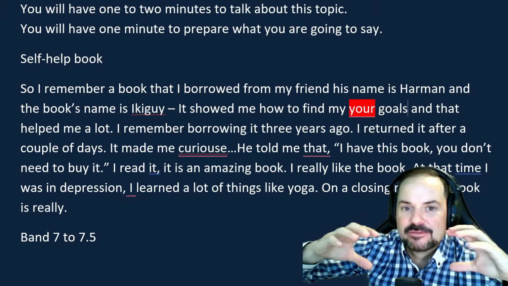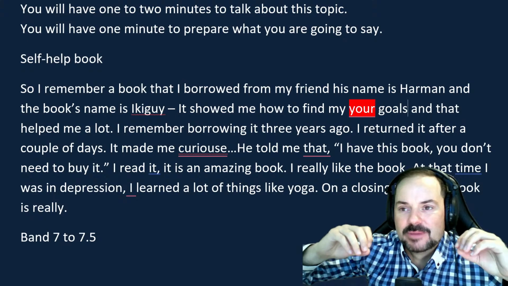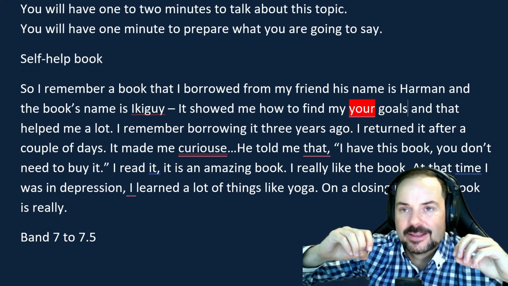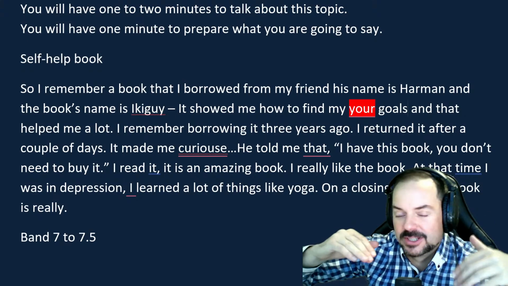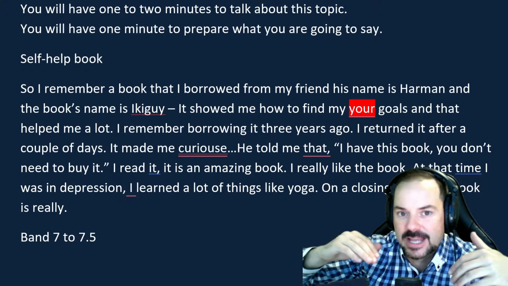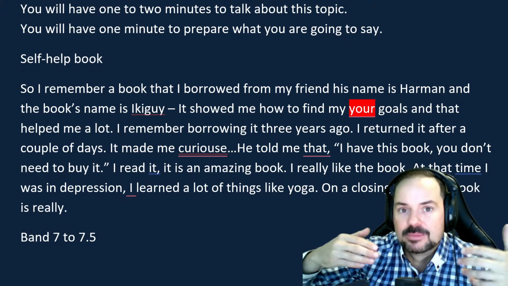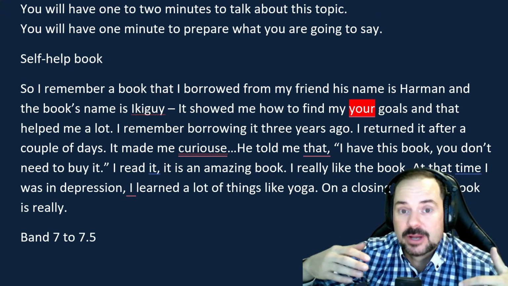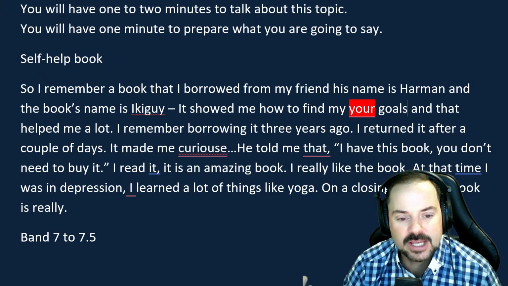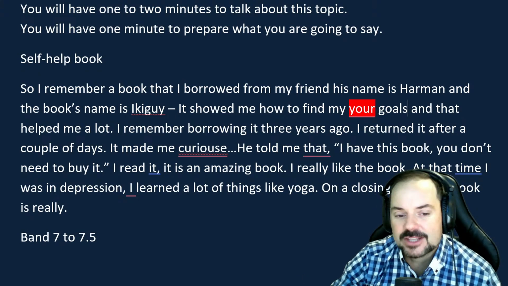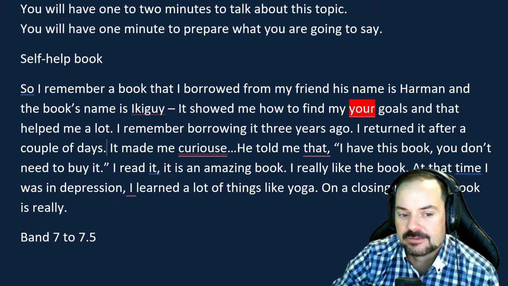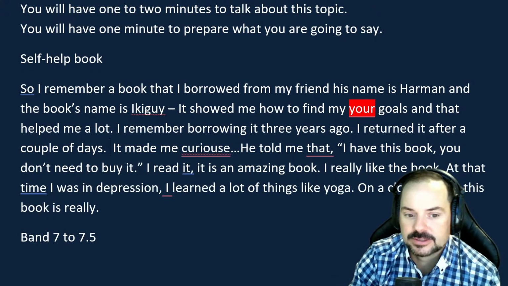You have to be careful in part 2 to make sure that what you're saying is logical, it makes sense, and it's clear for the examiner, and the examiner doesn't have questions in their head. When you said that you returned it after a couple of days, I had a question in my head right away. Why did you return it after a couple of days? You didn't really answer that. So why did you return it after just a couple of days?